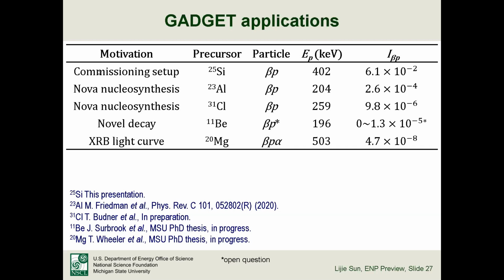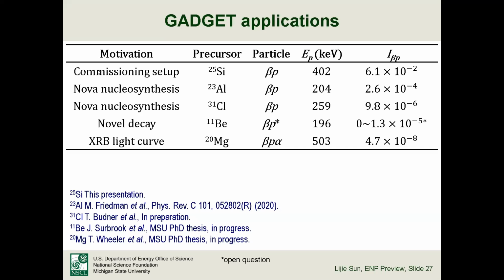It's because the proton decay daughter of aluminum-25 is magnesium-24. So there are lots of magnesium-24 (p,gamma) reaction measurements, direct measurements. So there isn't much room we can improve for the astrophysics questions for silicon-25.